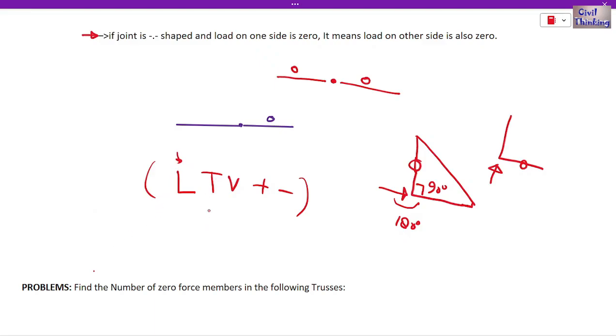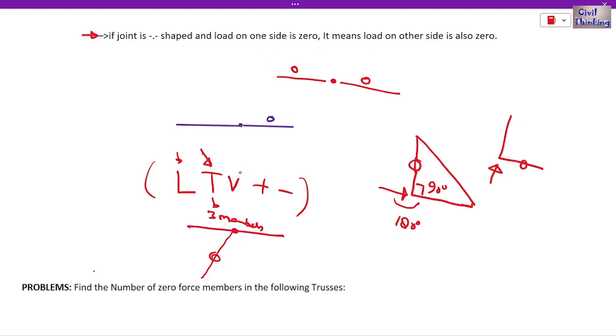And T we discussed already, right? When two members are collinear and we have another like this or like this, that is T. But you have to remember, if it is like this, it is also T, and they are collinear and there is no support here or applied load, then this is 0. T is about three members at a joint without any applied load or support.